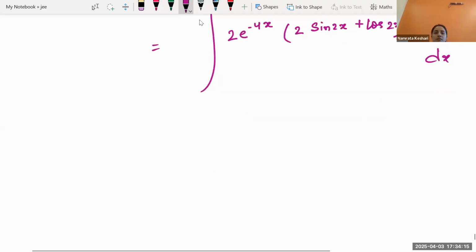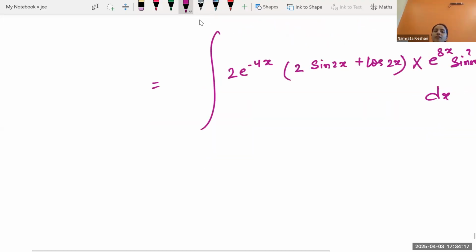Y into integrating factor we are having over here. So this is what we are having.